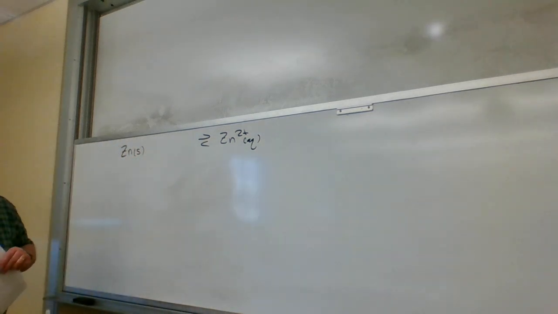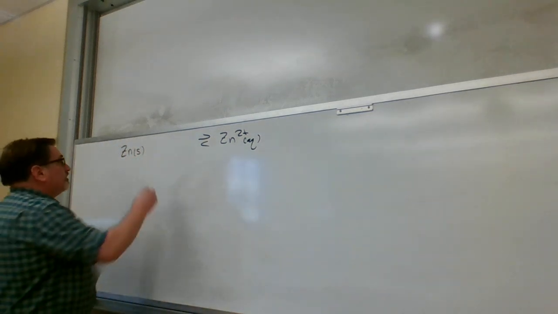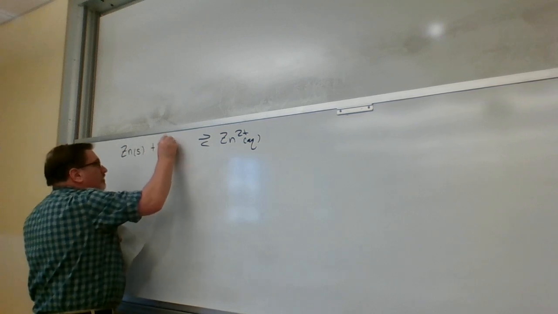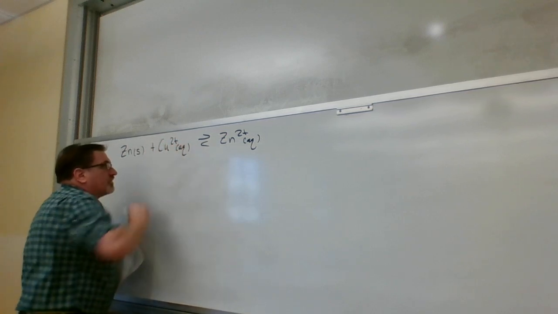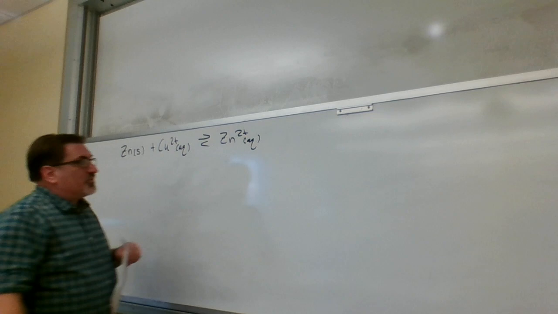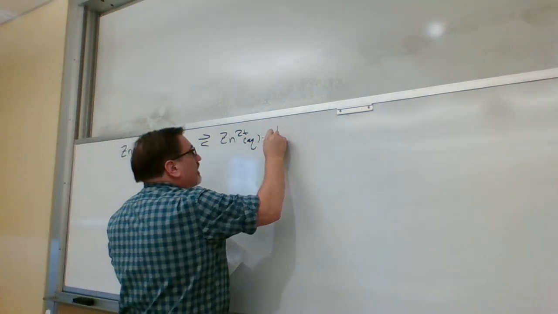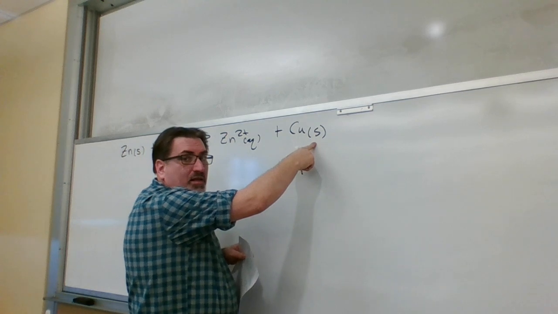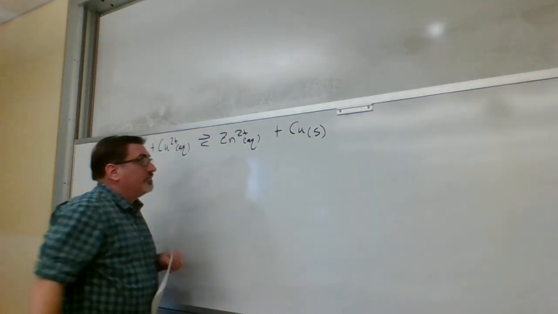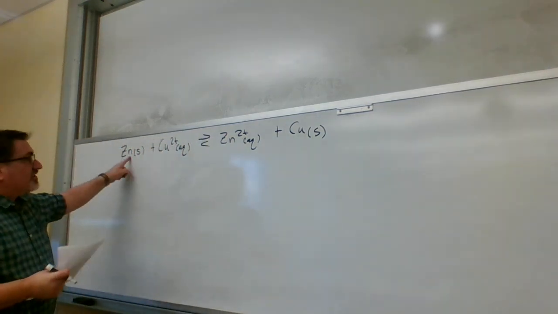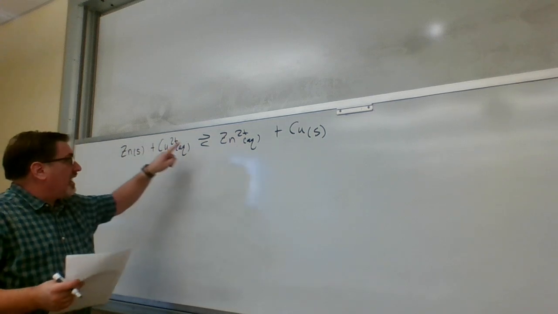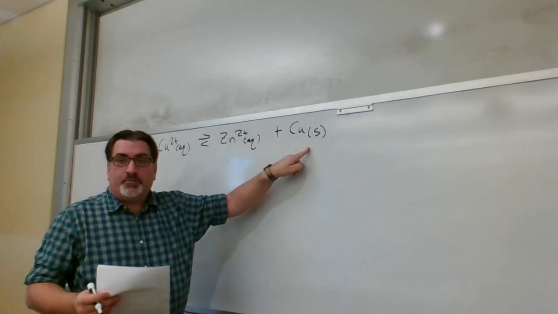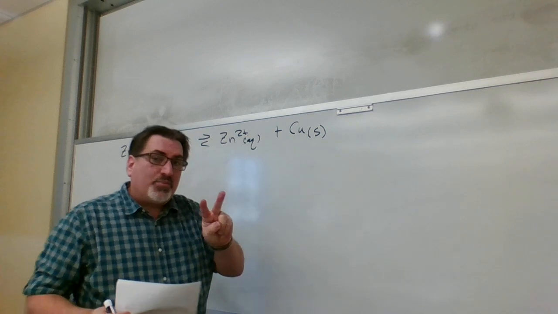At the same time, copper was reduced. So copper aqueous absorbed 2 electrons to become Cu as a solid. Remember, all of the elements have 0 oxidation state. So zinc went from 0 to 2+, copper went from 2+ to 0. So both of these are 2 electron processes.